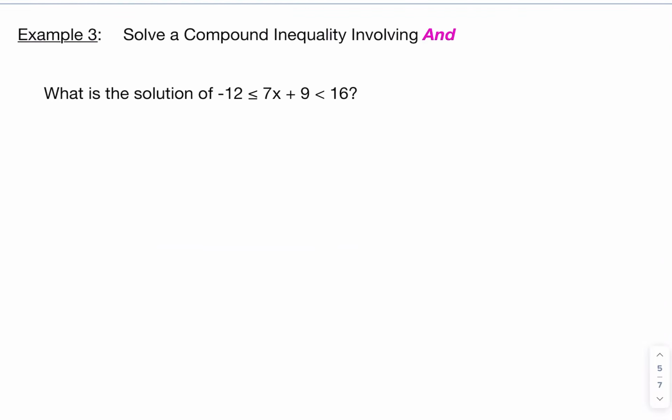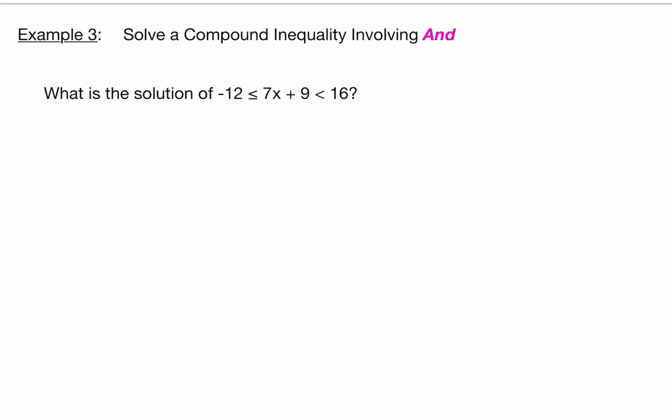Here we're going to solve a compound inequality that involves the word and. The question here is, what is the solution of negative 12 less than or equal to 7x plus 9 less than 16? This is a little bit unusual because it looks like we have two inequalities, and that's exactly what we have. This is called a compound inequality.